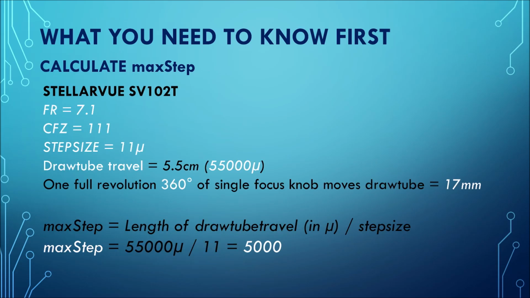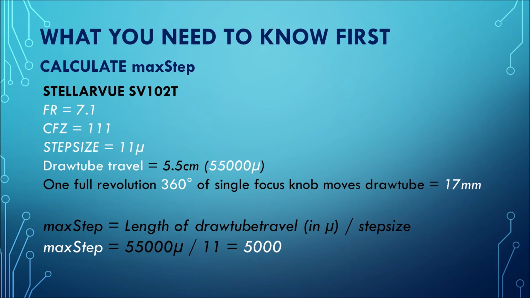Right, so to calculate max steps, we're going to divide the length of the entire draw tube travel by the step size, and we've already worked out the step size to be 11 microns, and we've worked out the draw tube travel is about 5.5 centimeters, which is 55,000 microns.